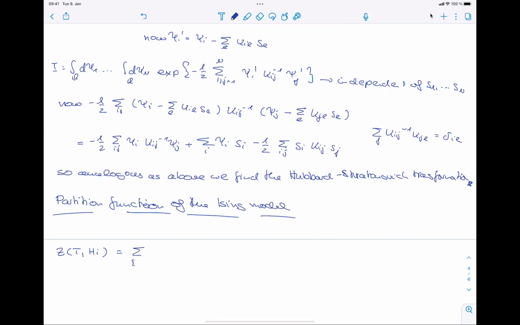Then it's the sum over all states, exponent of one half sum over ij K_ij S_i S_j, but now K is J over, beta J, sorry, plus sum over i h_i S_i. So here beta J_ij is K_ij and beta h_i is small h_i.